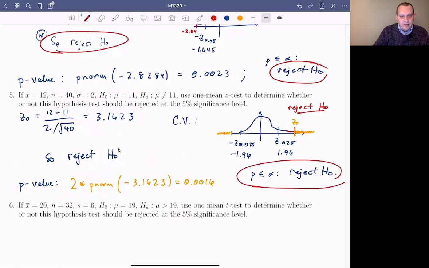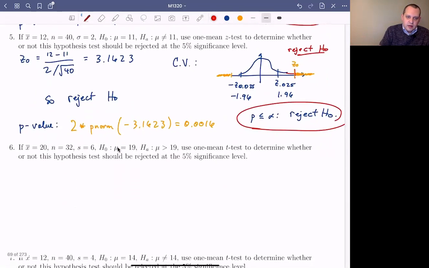In the final two examples, we're going to look at this set, but here we don't know the underlying population standard deviation. So we're going to have to use the t-distribution. Other than that, everything's going to be basically the same.